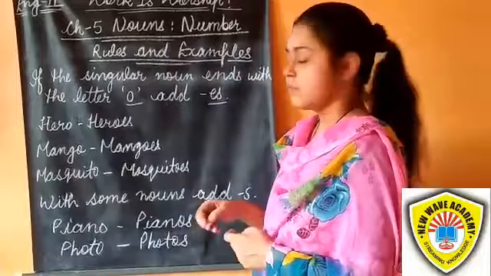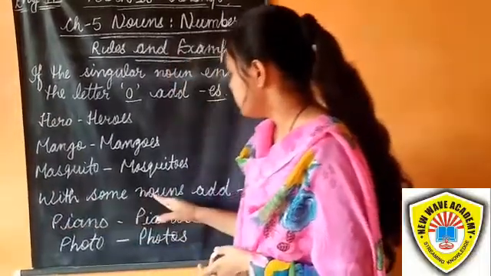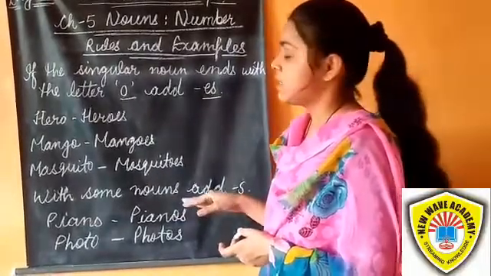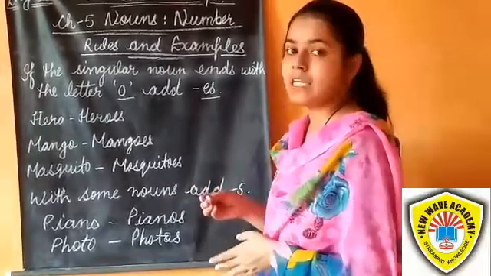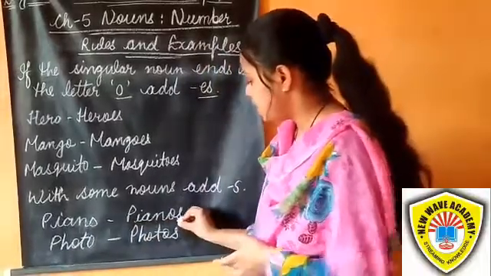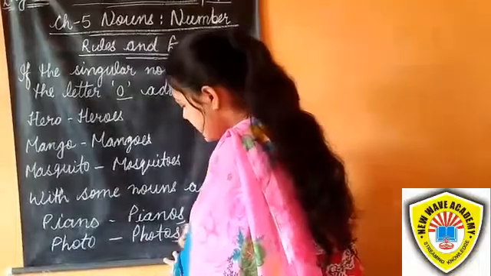So students, with some nouns, we will add only s, even though they end with o. For example, piano, pianos. We will add only s here. Photo, we will add only s here.